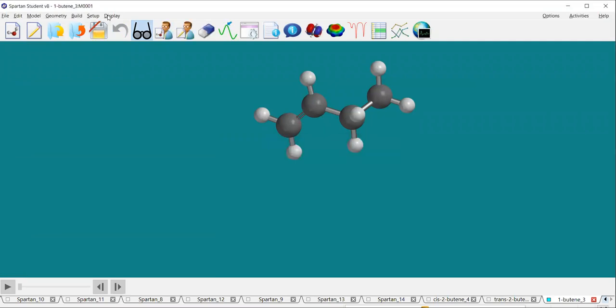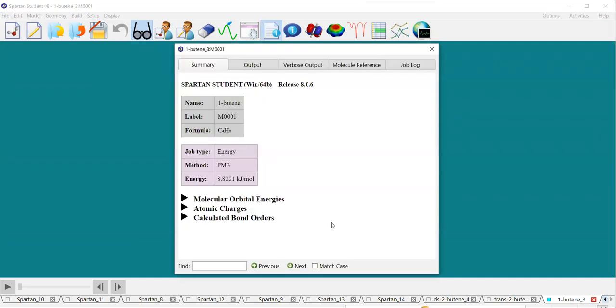It's done. Display output, and this is the value, 8.8221 kilojoules per mole. So now I have to do part B.